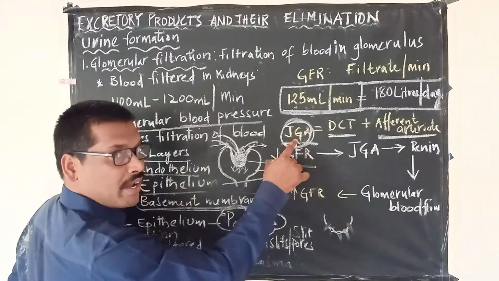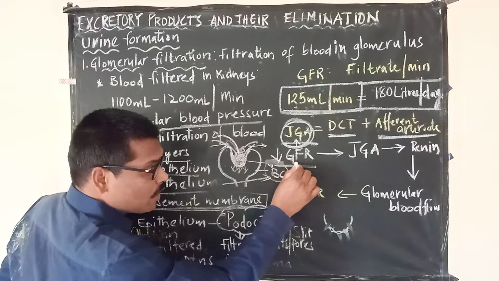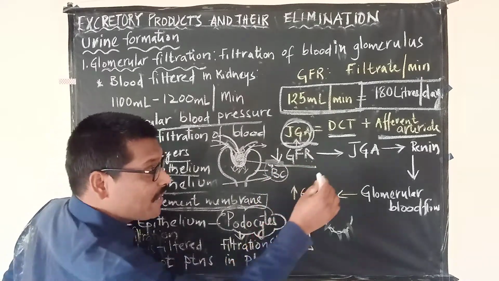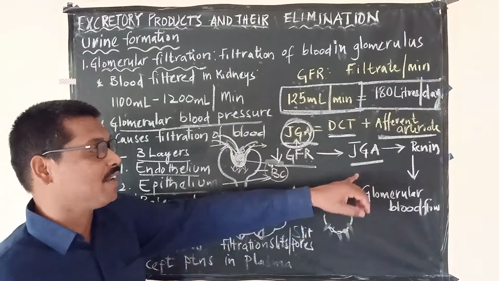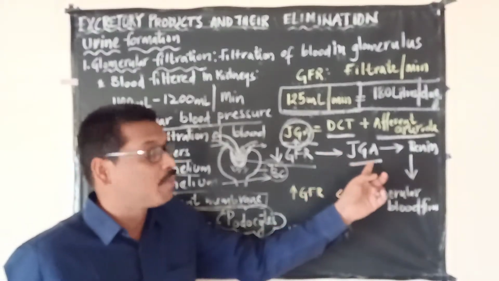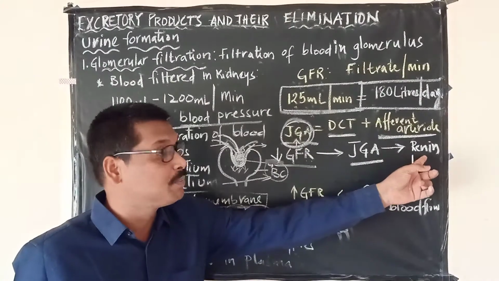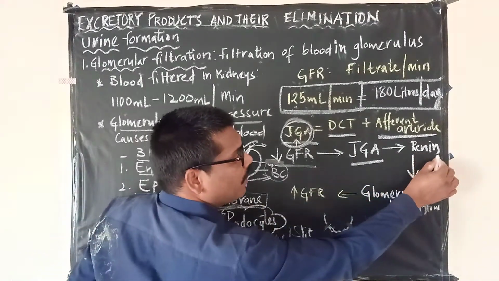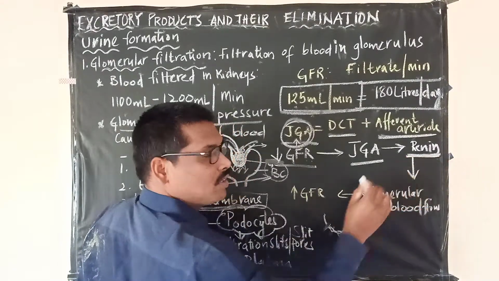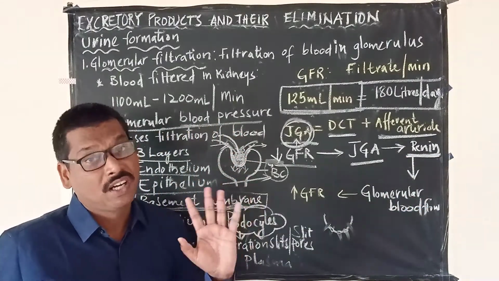So, decrease in the glomerular filtrate activates the juxtaglomerular apparatus. And juxtaglomerular apparatus immediately stimulates the secretion of what? Renin. A very, very important point that we will be discussing a little more clearly.